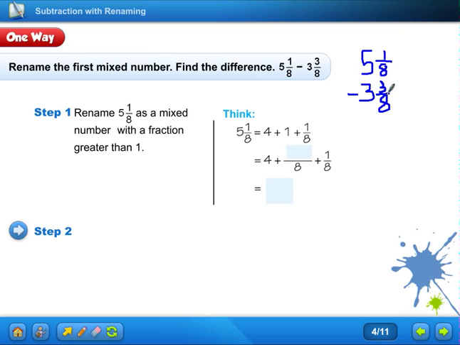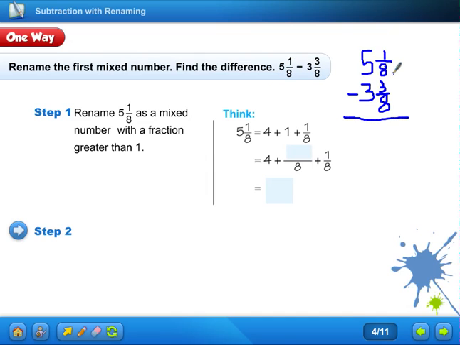Now that we're going to subtract, 1 minus 3, can we do that? We can't take 1 minus 3. But the bigger number here is definitely the 5 1/8. 3 3/8 is not bigger. 5 1/8 is definitely larger.